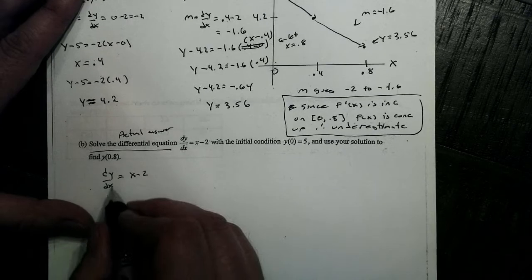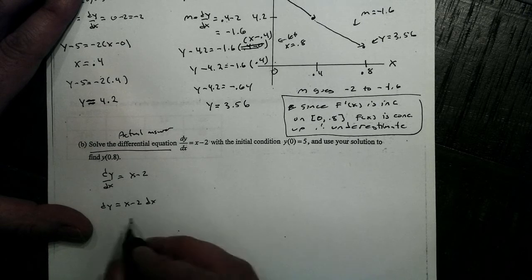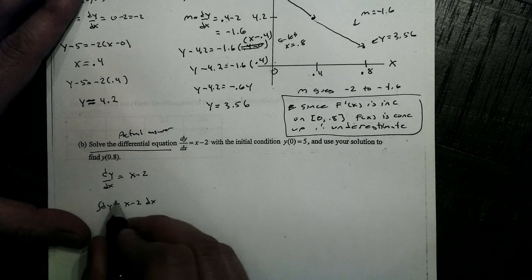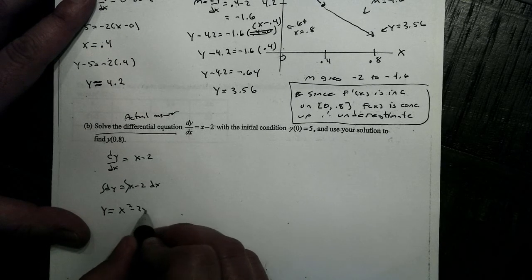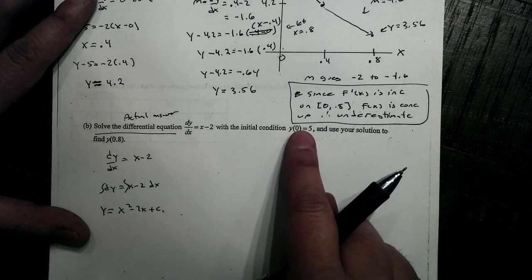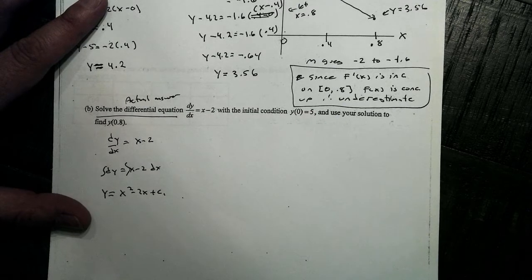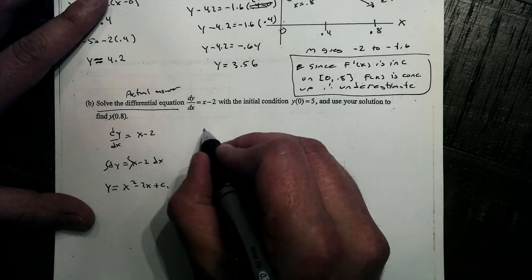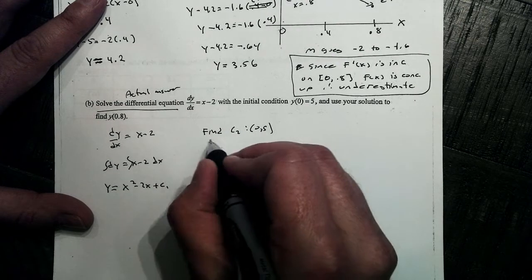So solve, we get dy equals x minus 2 dx. Integrating both sides, we would get y equals x squared minus 2x plus c1. Use your initial condition. Now you could also use second FTC. I can show you that in a second here. So when I find C1, we're going to use the point 0, 5.